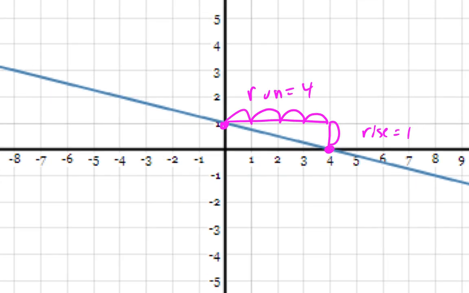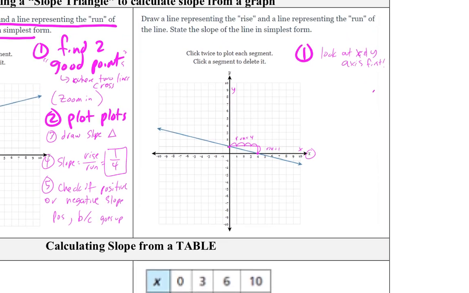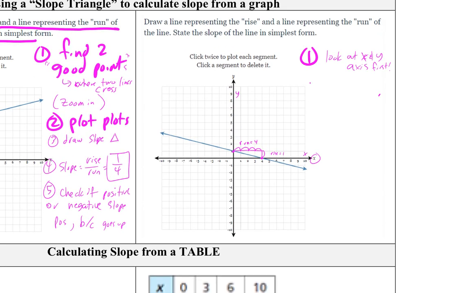So we plotted our points and we drew a slope triangle. Step 4, the slope is going to be rise over run, so that's going to be equal to 1 over 4.